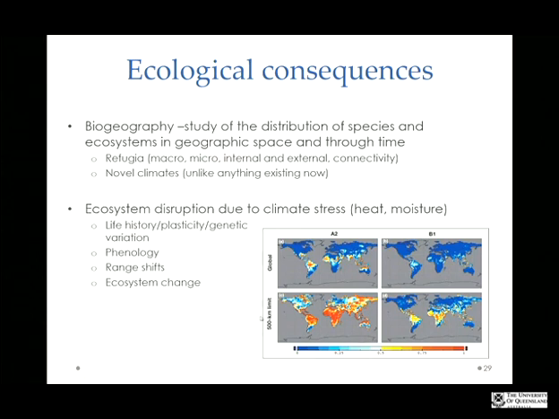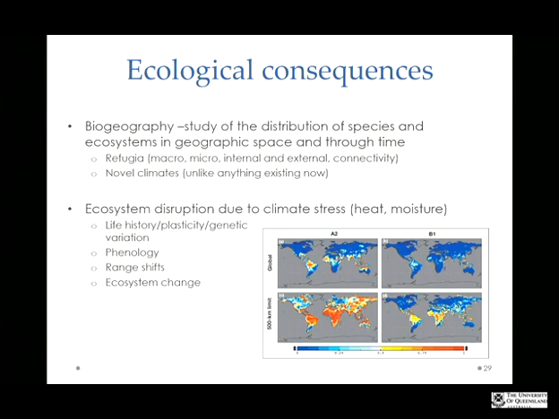And that ecosystem disruption from climate stress, mainly for heat and moisture, is going to have an effect, and also the way that things can adapt, I suppose, is through whether they can change their life history or their plasticity, whether they've got enough genetic variation within their population to deal with changes, so the ones that aren't adapted die out, the ones that are adapted survive.